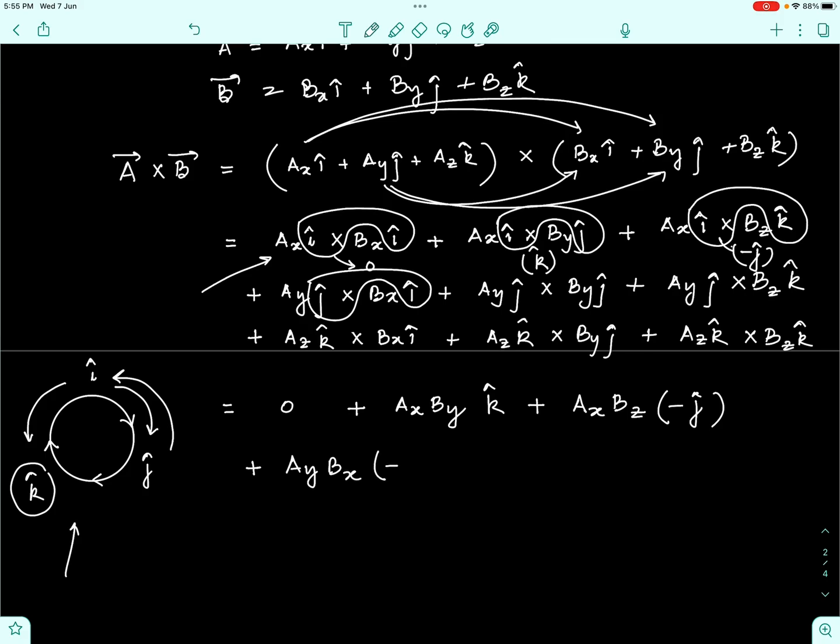AYBX into minus K cap, plus look at the next term, it's J cap cross J cap, which we know is 0, so this term is going to 0, plus the next term is AYBZ into J cap cross K cap.